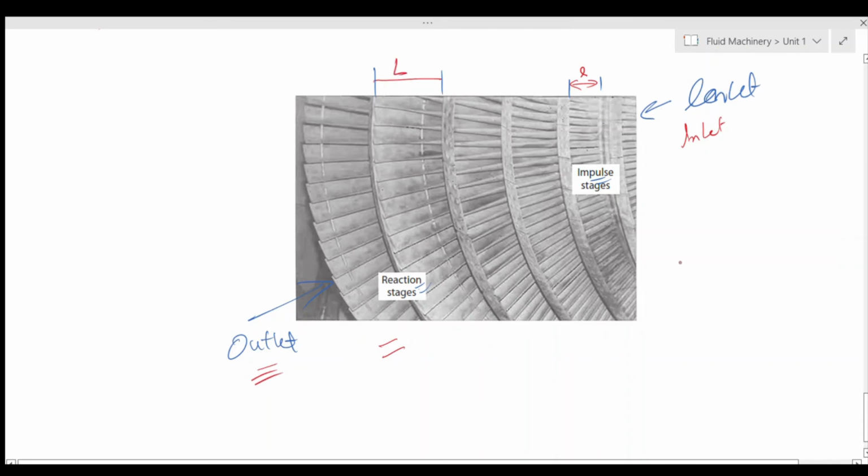Okay, L is greater than smaller, and even the curvature, if you would look from these pictures, the curvature you would find out that it is more for impulse stage than in the reaction stage. And this finishes this lecture.